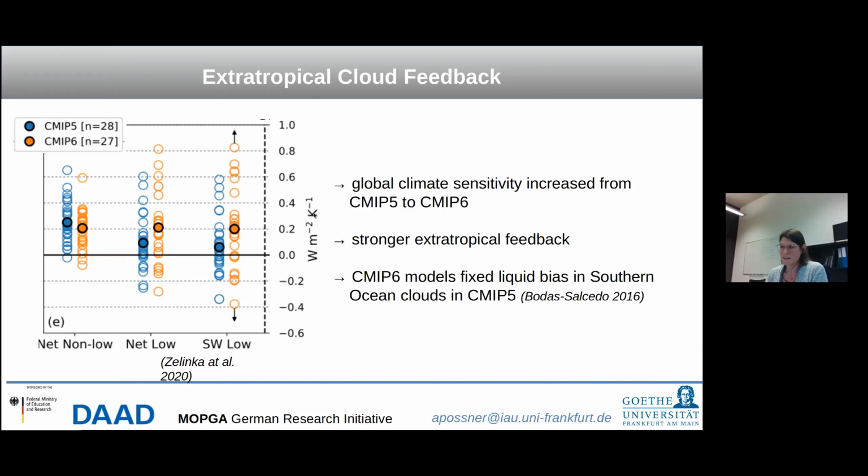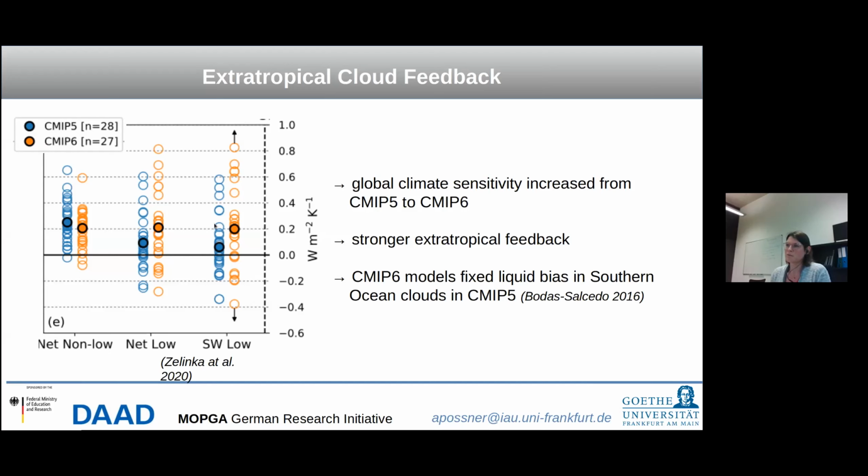And in the IPCC reports, these estimates are provided at regular intervals, and they're very heavily based on what we call CMIP intercomparison. So these are climate model intercomparison studies where a whole range of models across institutes and across the world are run for a set of experiments, and then the climate sensitivity of these models is compared, or the cloud feedback of these models is compared, and the overall global estimate is assessed.